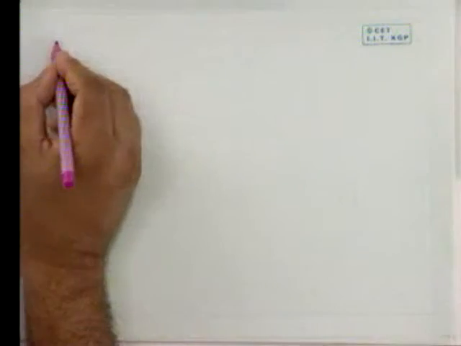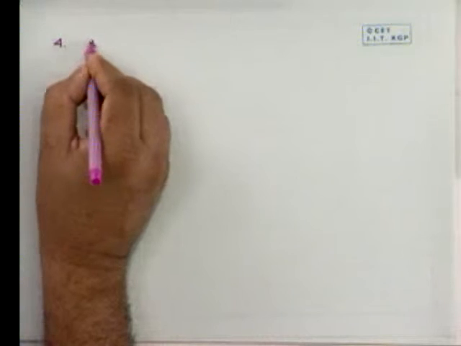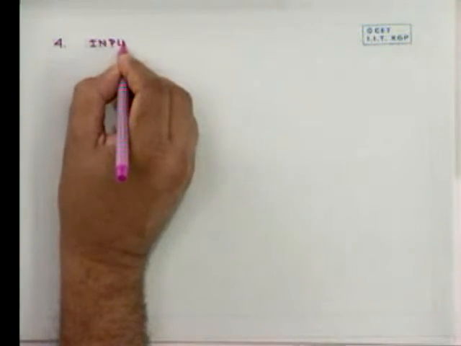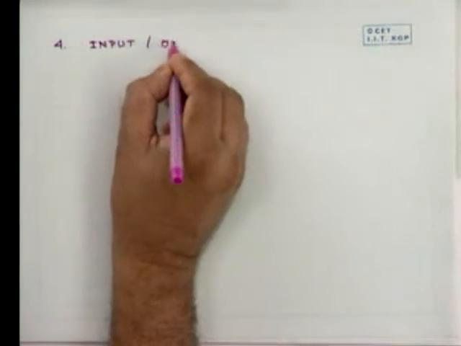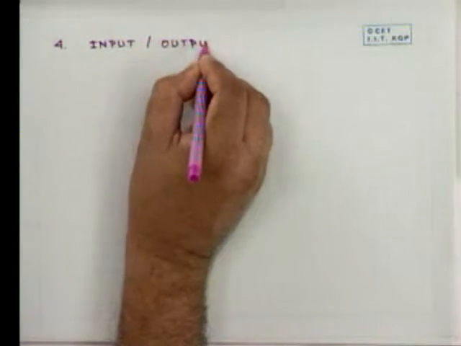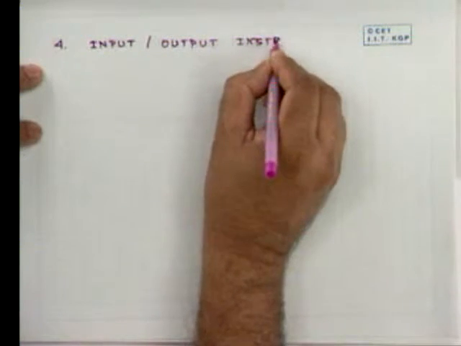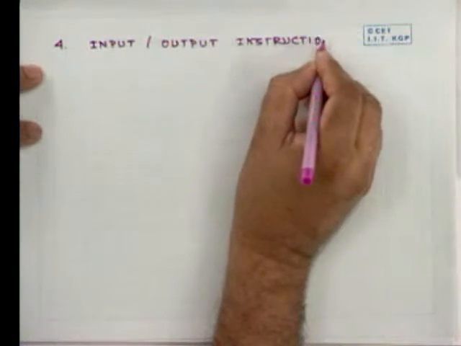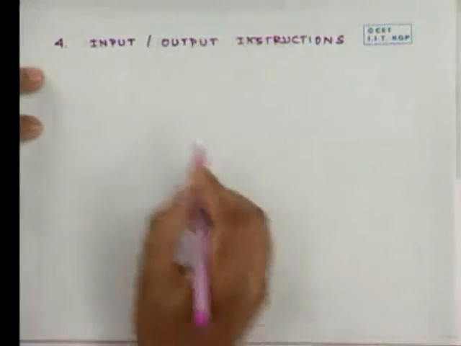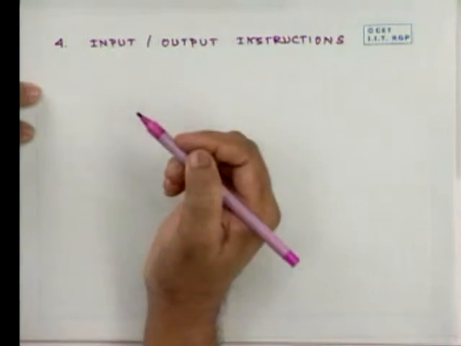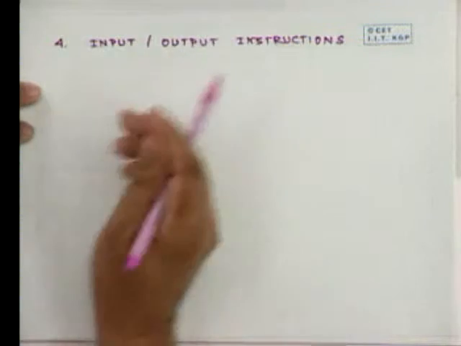Now, apart from that, we can have a few input output instructions. These are typically for inputting from an input device or outputting into an output device.